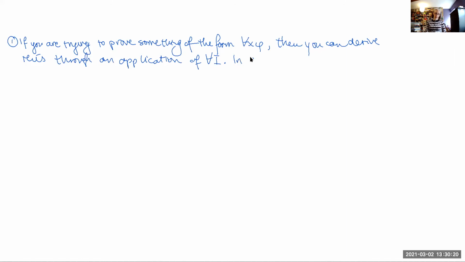So in order to apply that rule for all introduction, you need to first prove something of the form phi with explicit term tau in it.